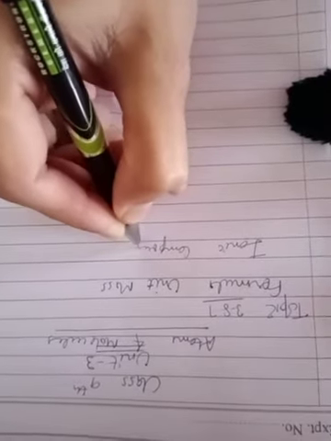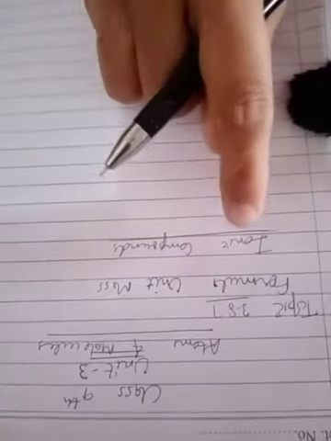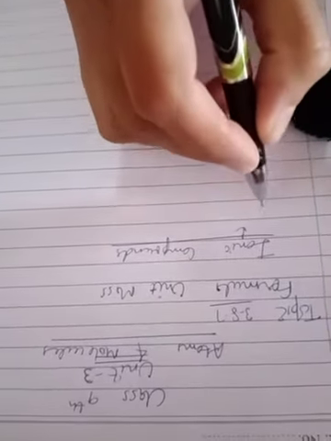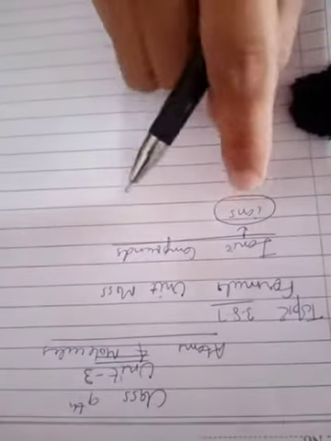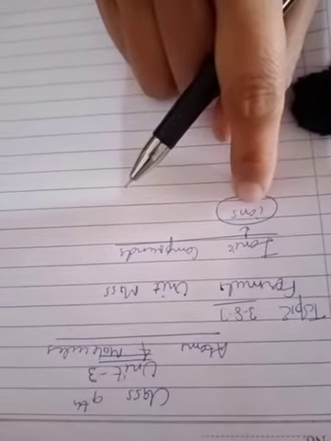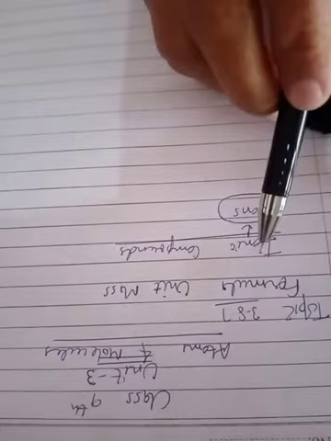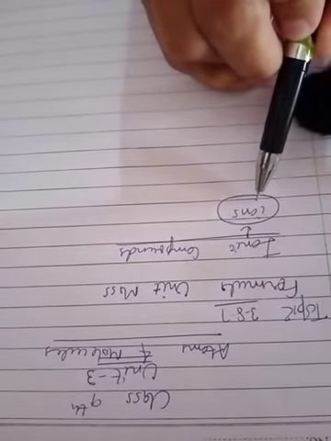All of us are very familiar with ionic compounds. What are ionic compounds? The compounds in which the particles are present in the form of ions. Clear? Or which is formed by transfer of electrons resulting in formation of ions, charged particles.